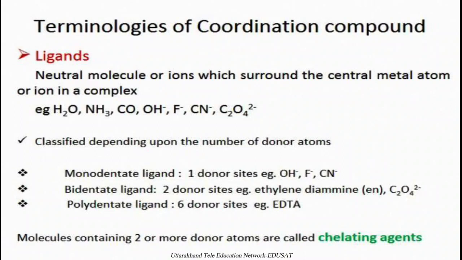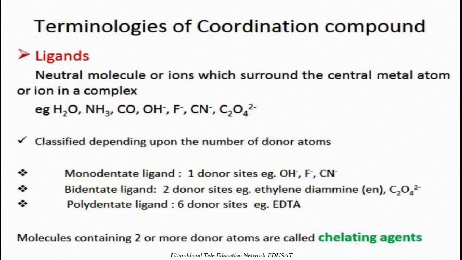Now, depending upon the donor sites of atoms, these ligands can be classified into different types. For example, if we have one donor site, then it is called a monodentate ligand. For example, hydroxide ion.